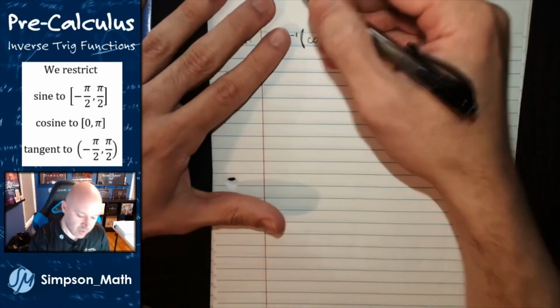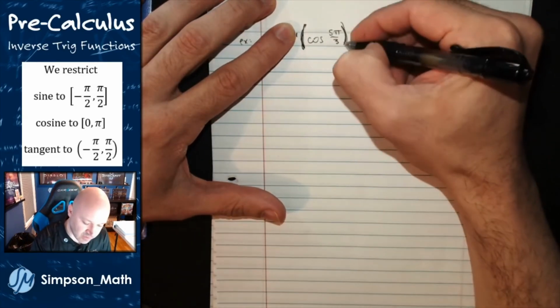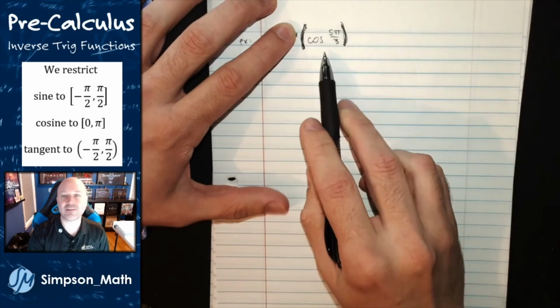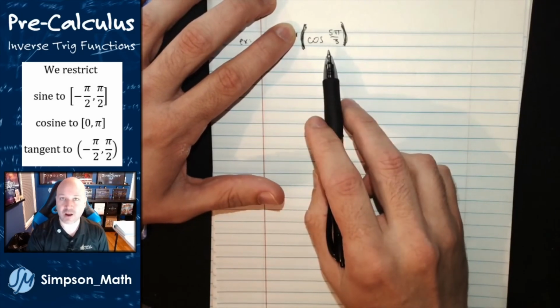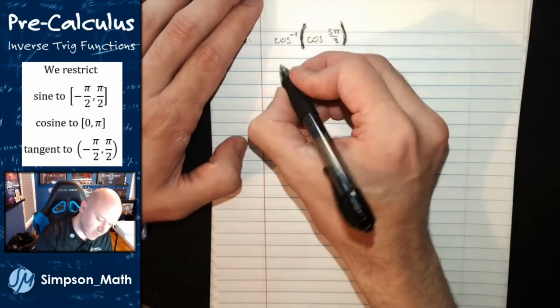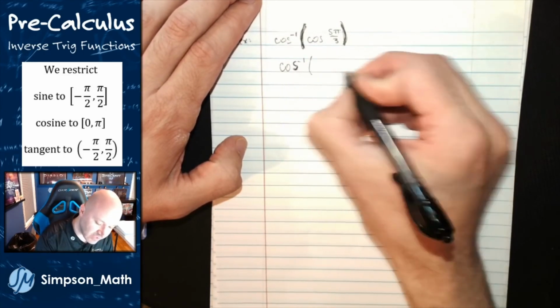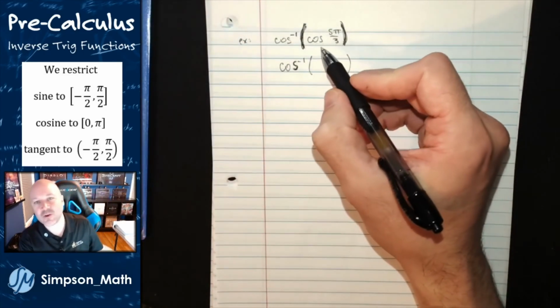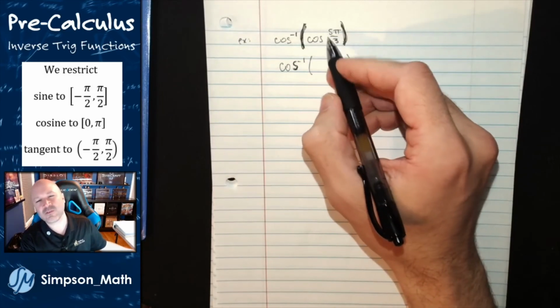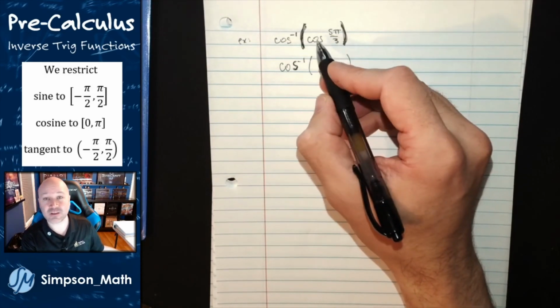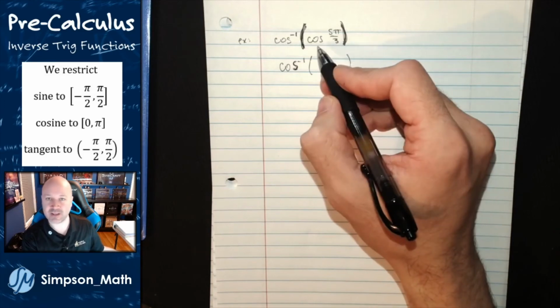Okay, well, let's zoom in on just these parentheses. I think I can answer this question. What is cosine of 5 pi thirds? So I'm not dealing with the arcness yet, the inverse stuff yet. I just want to know, what is cosine of 5 pi thirds? Cosine and 3's go well together, so it's going to be a half. Is it positive or negative?